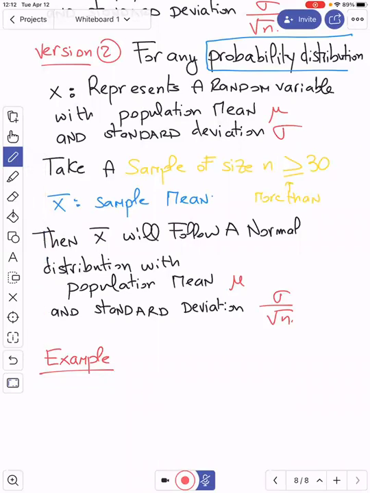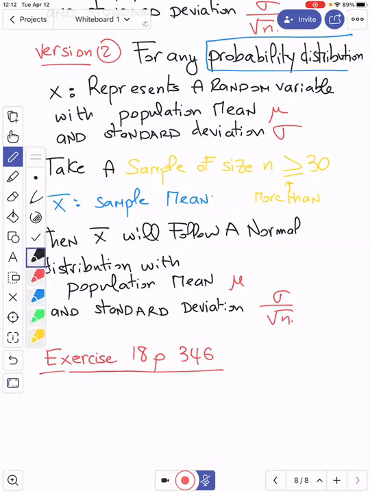This is an exercise from the textbook, exercise 18, page 346. It says the following.